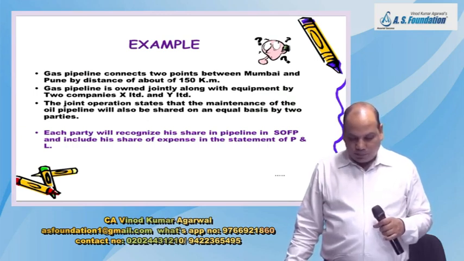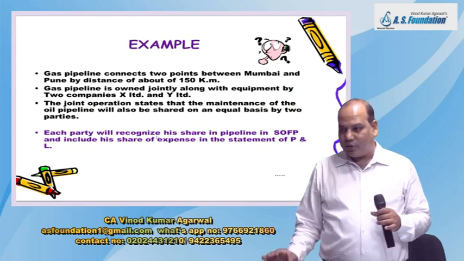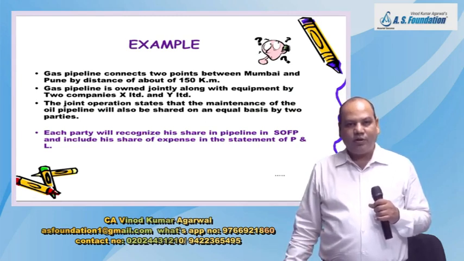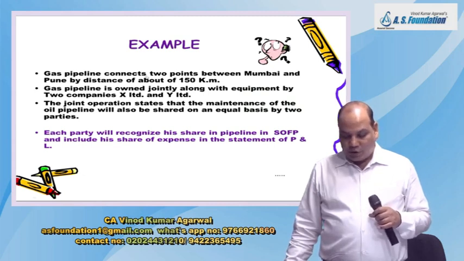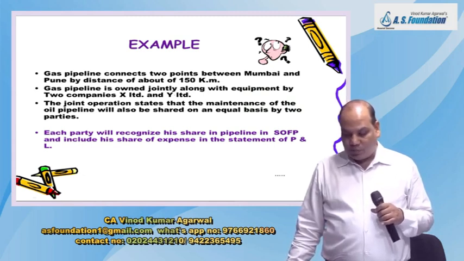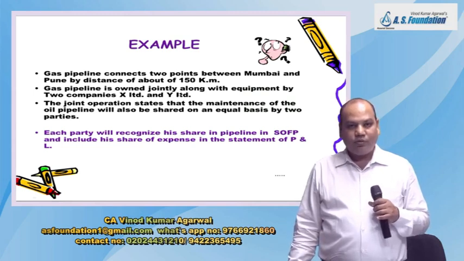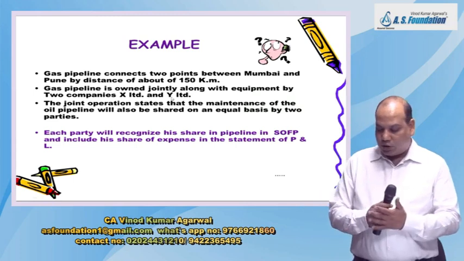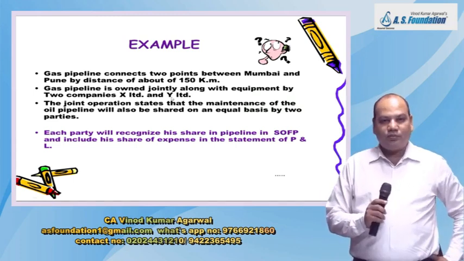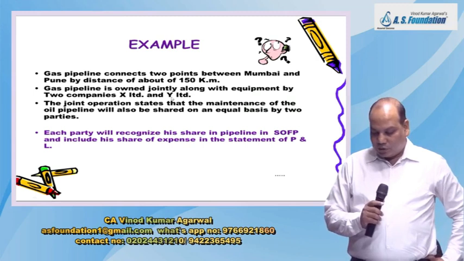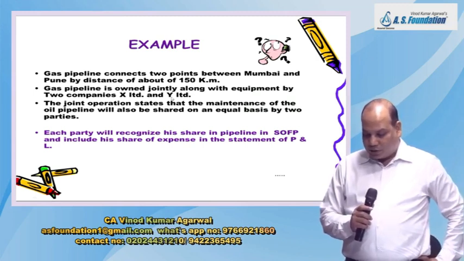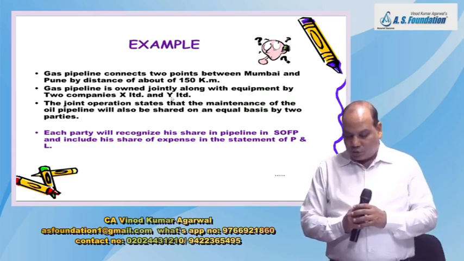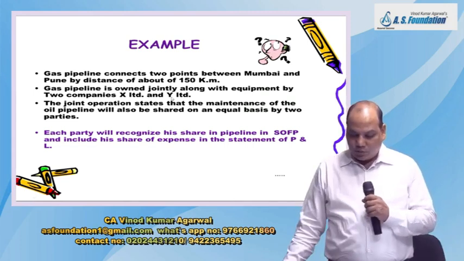One example I have given below, it is an example, not a question, how joint operations work practically. Gas pipeline connects 2 points between Mumbai and Pune by a distance of about 150 km. Gas pipeline is owned jointly along with equipment by 2 companies, X and Y. The joint operation states that the maintenance of the pipeline will also be shared on equal basis by 2 parties.